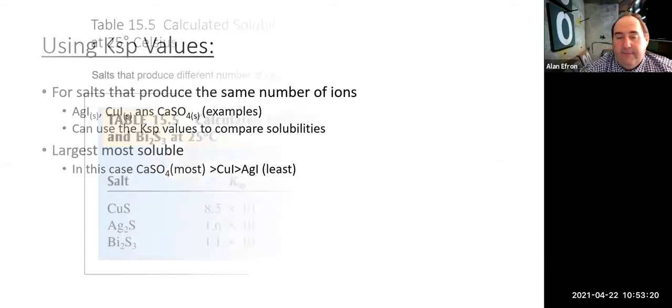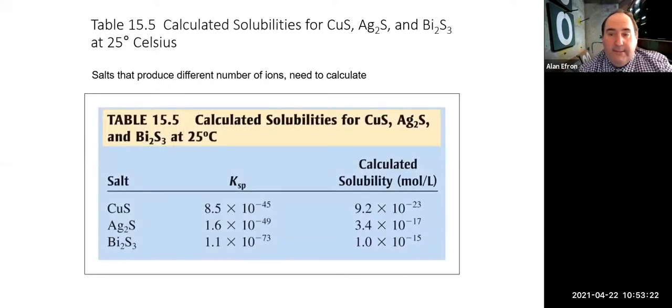So what happens if we are looking at something that really doesn't break apart into the same number of ions? If we look at an example here with some actual values, we can see what happens. We have copper 2 sulfide there, which when it breaks apart, we get a copper 2 and a sulfide.